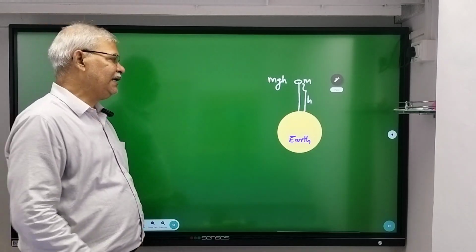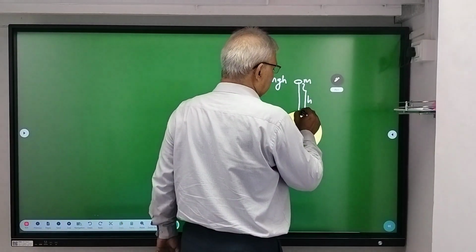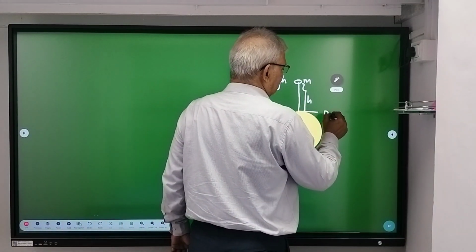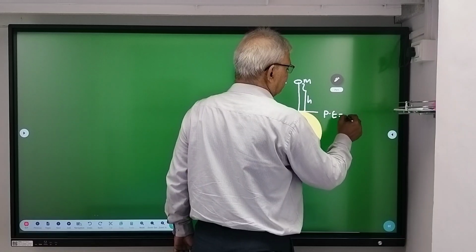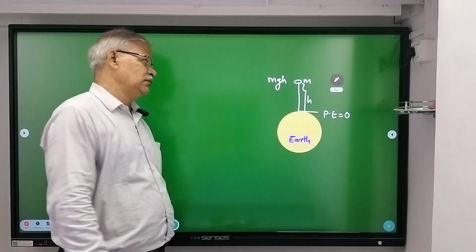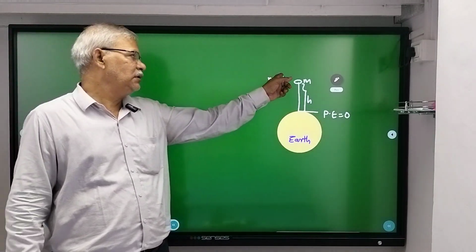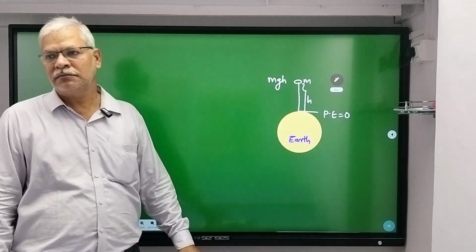Okay, and potential energy on the surface of earth is considered as 0, because this height will become 0 here.